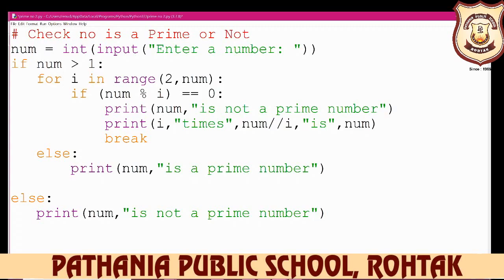If num mod i equal to 0, that is, if our input number divided by i has remainder 0, then it is not a prime number. But if the remainder is nonzero, then it is a prime number. After that you write break, and then else print number is a prime number, otherwise it prints is not a prime number.